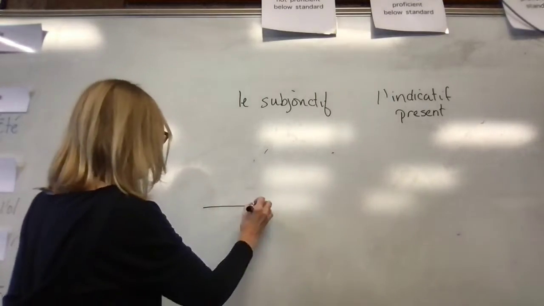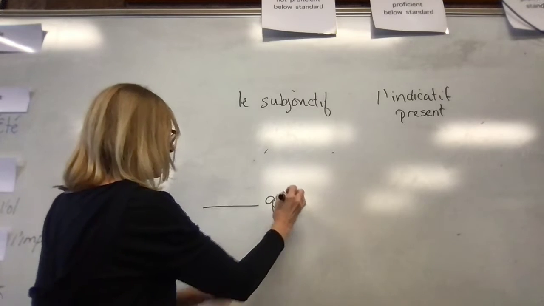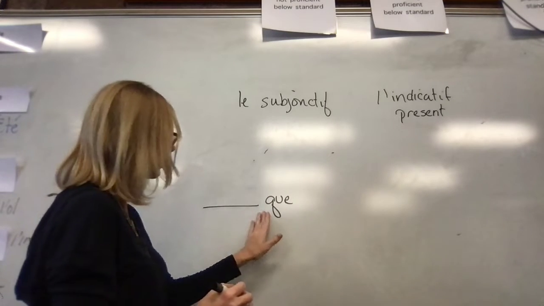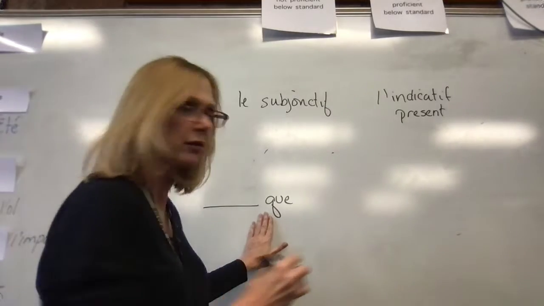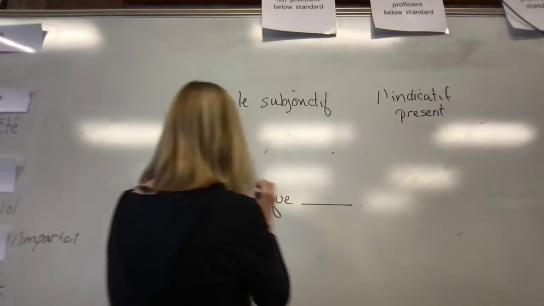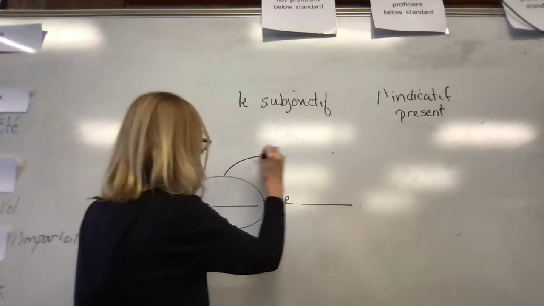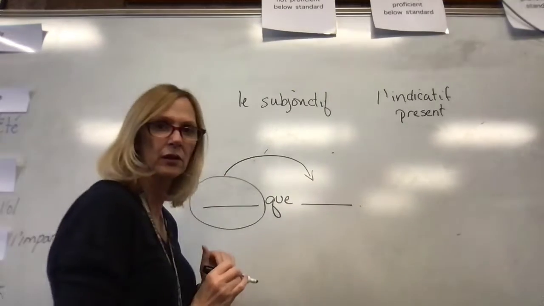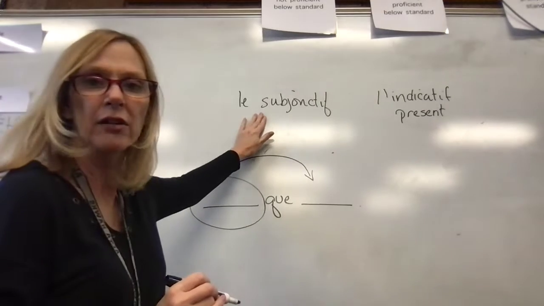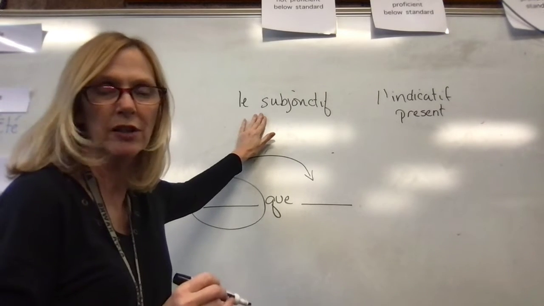It's usually two parts connected with que, and this part puts a mood on this part. And that's why you then conjugate the verb in the subjunctive.